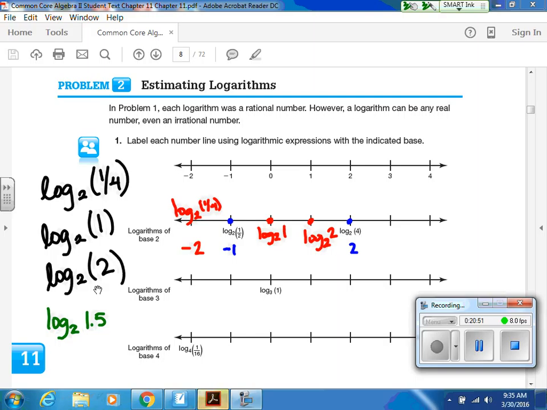But if I wanted to know log base 2 of 1.5, do you know what two numbers it's going to fall between? Hang on. 1.5 is going to be somewhere between these two numbers.